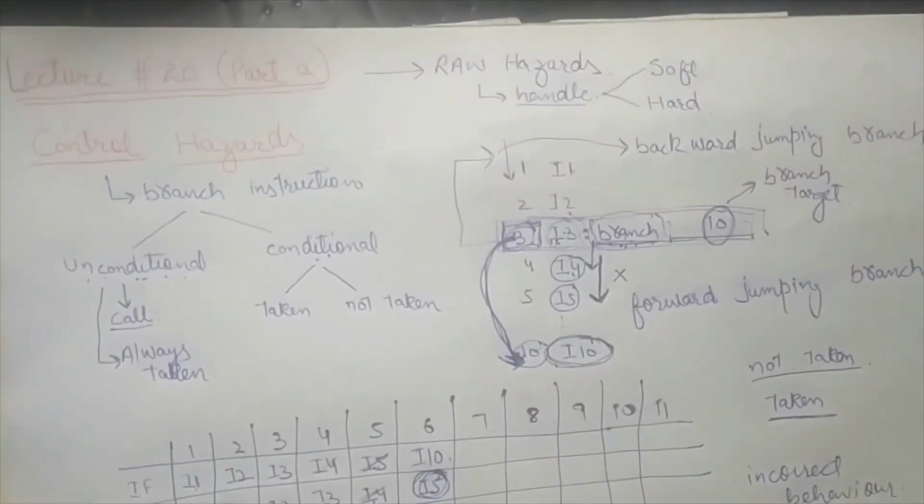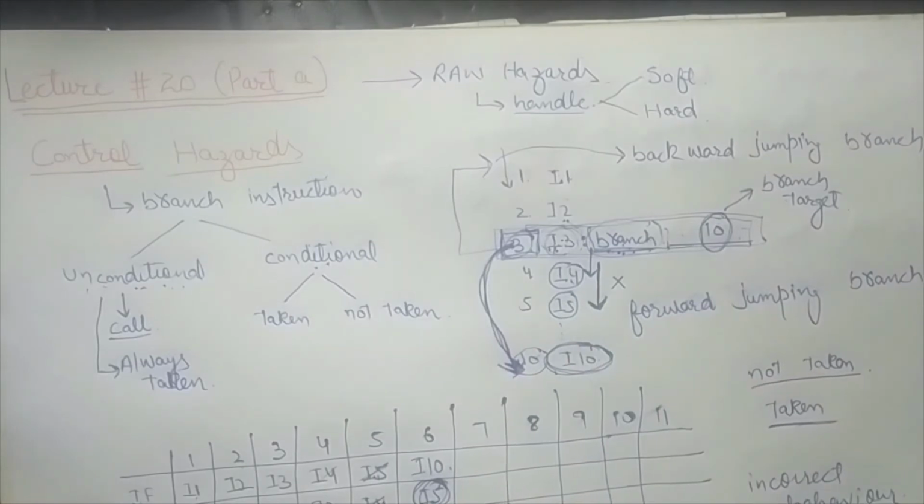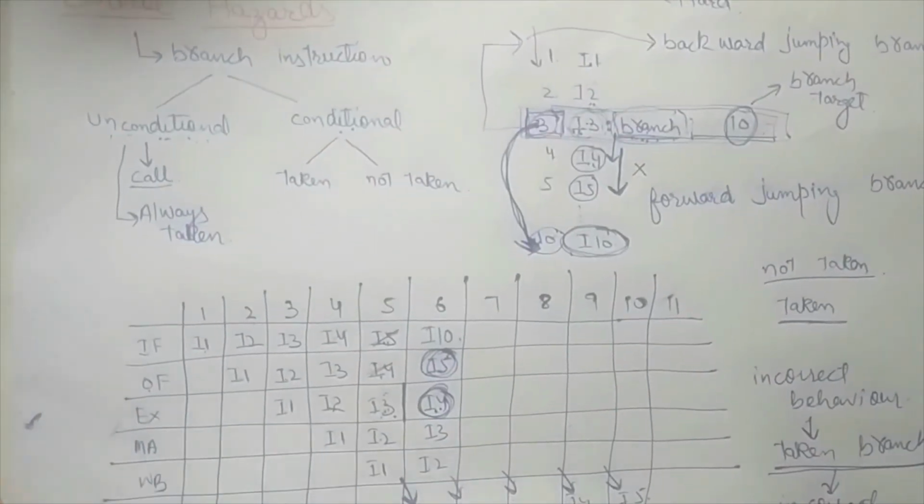Let's come to the same scenario, with instructions I1, I2, I3. I3 is our branch instruction, and its branch target is I10.